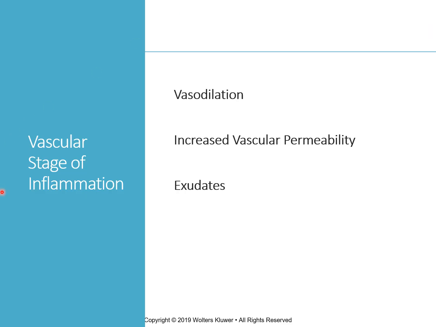So the vascular stages of inflammation include vasodilation, increased vascular permeability, and the production of what we call exudates, which are secretions or fluid products that build up at the site of inflammation. Okay. And a lot of these stages of inflammation are what directly lead to those cardinal signs of inflammation or those clinical manifestations that we talked about earlier.